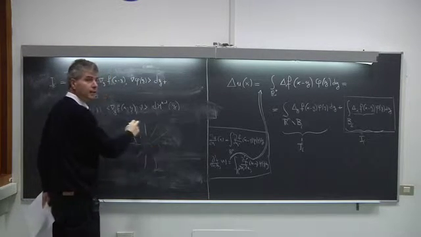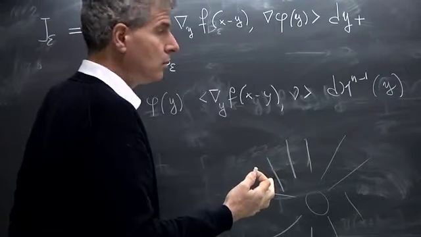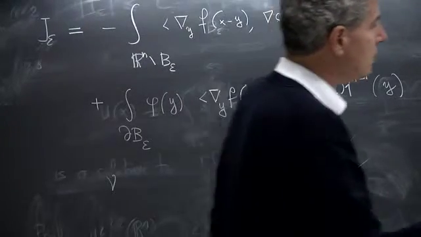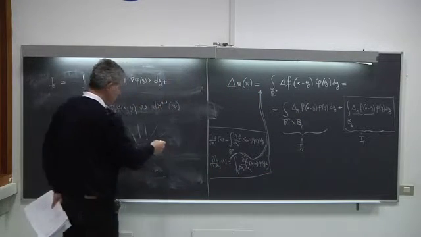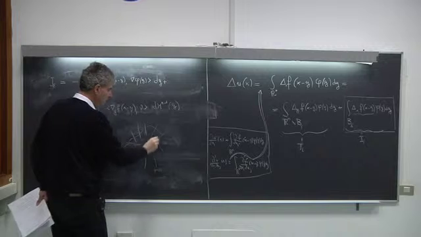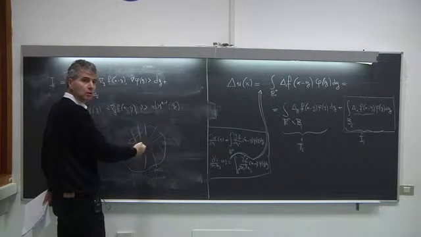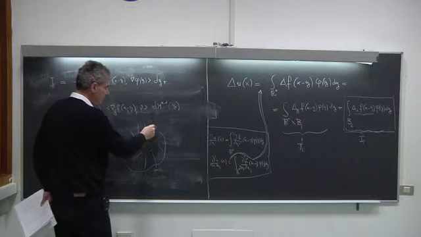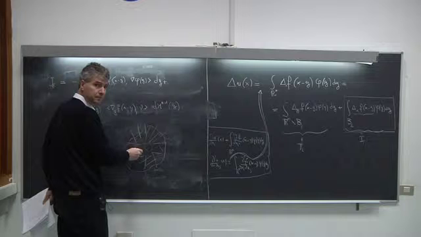Actually, not quite, because f has compact support. Therefore, this integral is not on the whole R^n minus a ball, but somehow here; if this contains the support of f, I am integrating in this annular region.